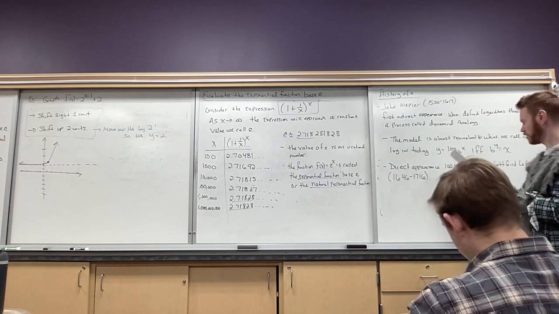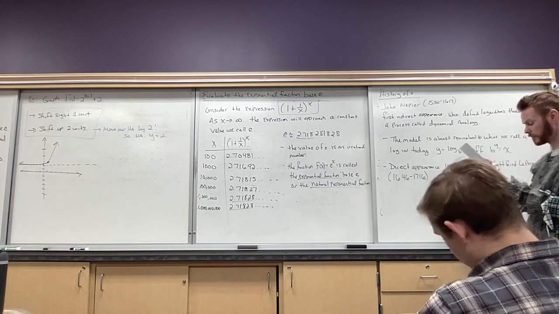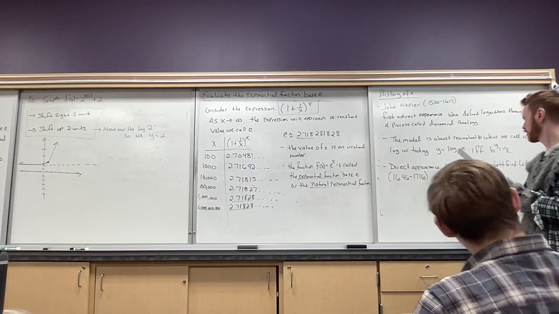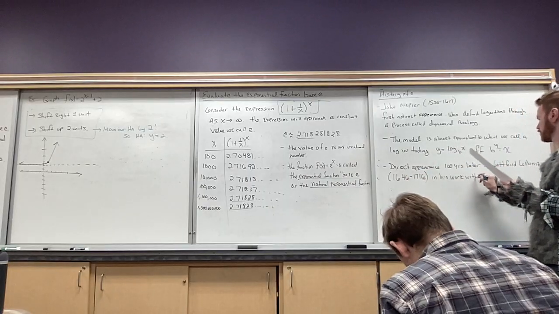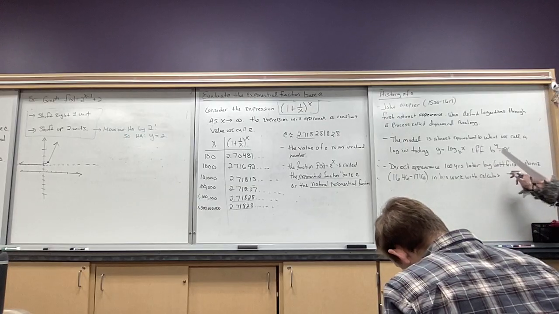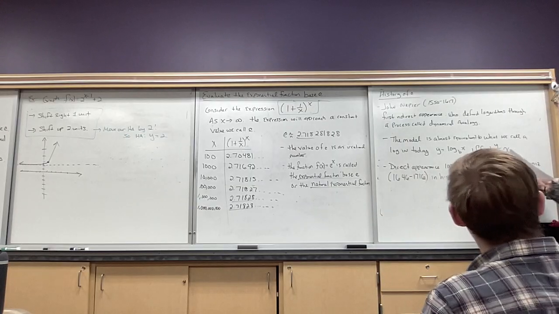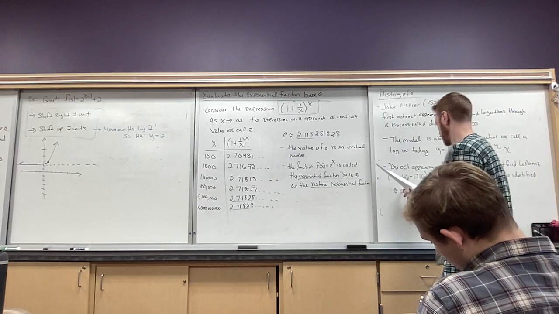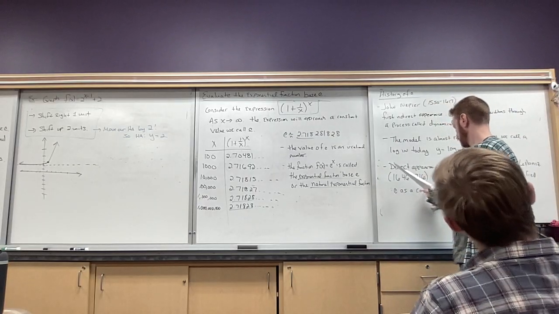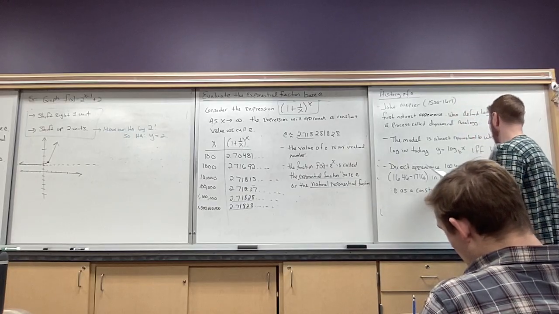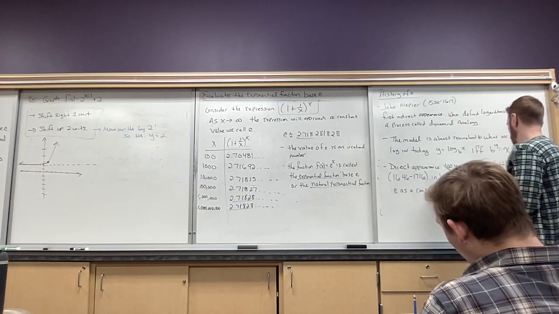Okay? So in his work with calculus, he identified e as a constant, but he labeled it b.